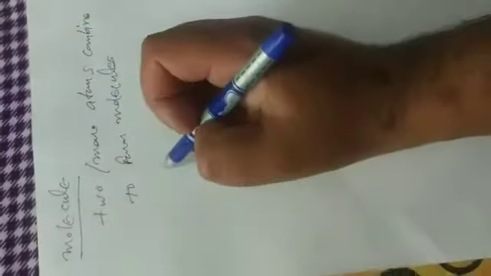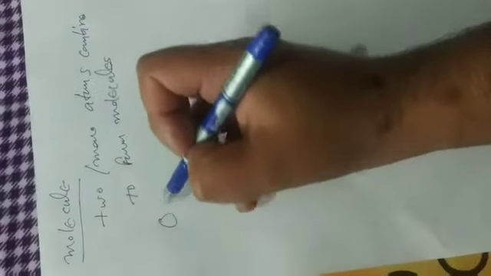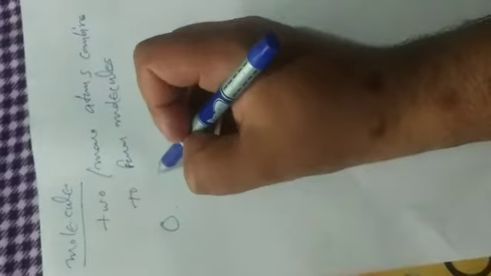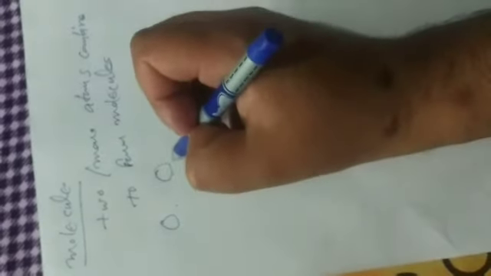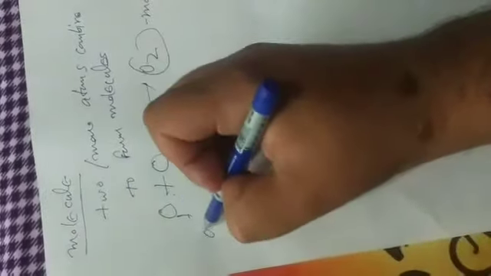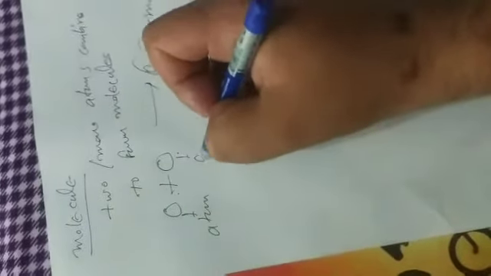I mean two or more atoms are present in a molecule. Suppose one oxygen atom and a second oxygen atom combine to form O2, which is a molecule. These are atoms.